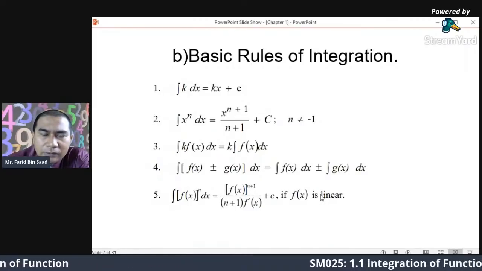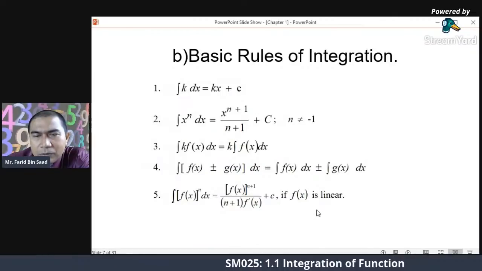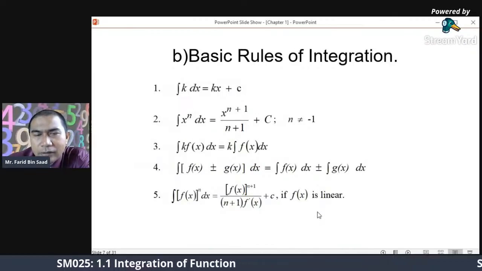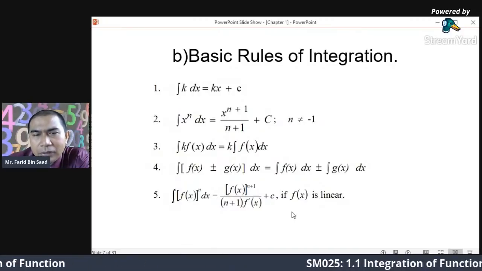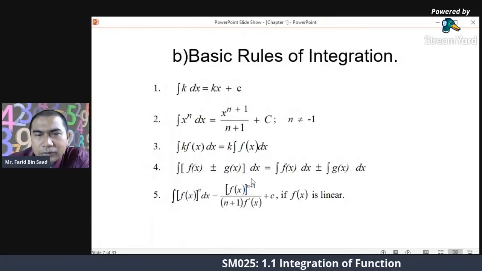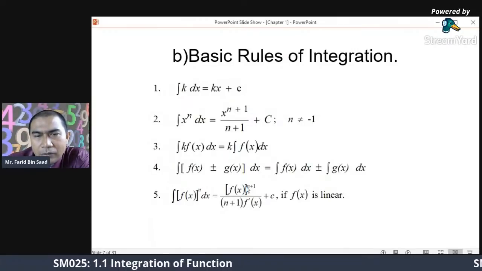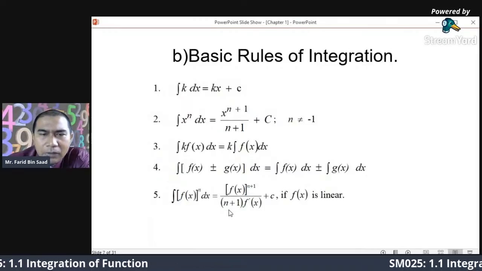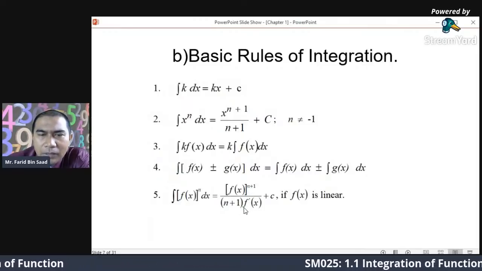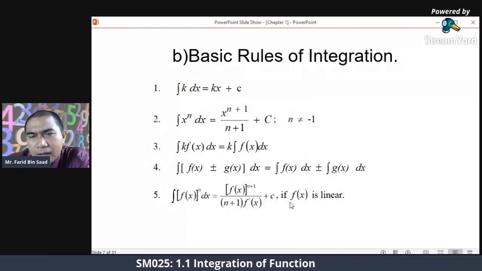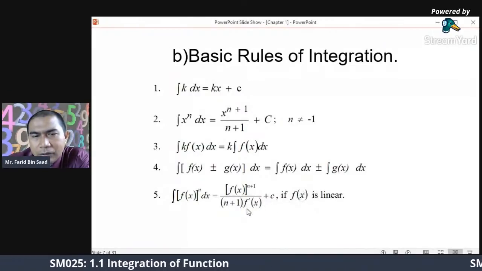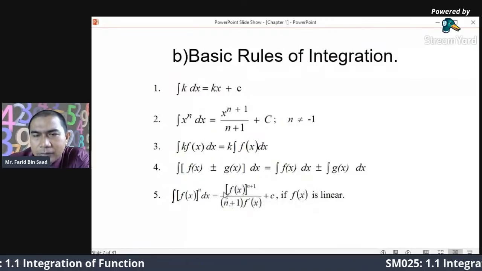For example, fx is equal to x power of 1, so it's linear, and we can use this rule. The rule is fx power of n plus 1 divided by n plus 1 times f prime x, plus c. So please remember, fx must be linear, so we can apply the formula. Okay, next.